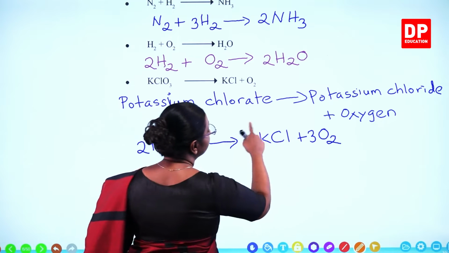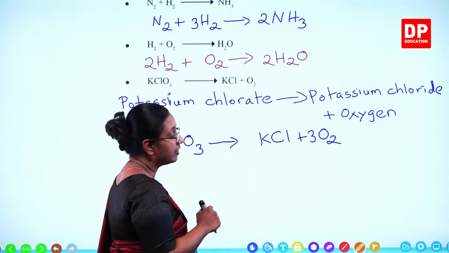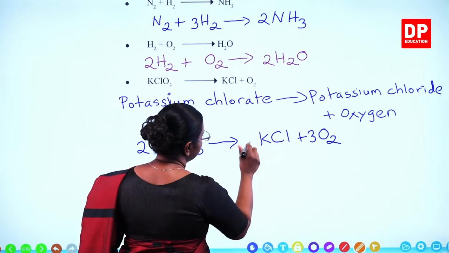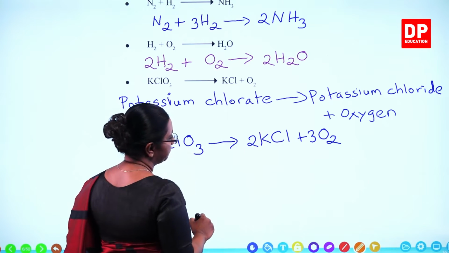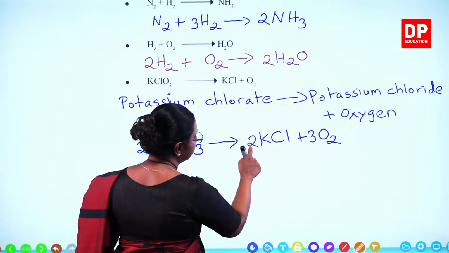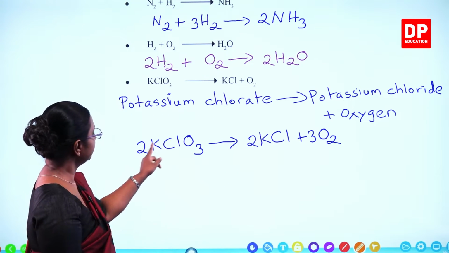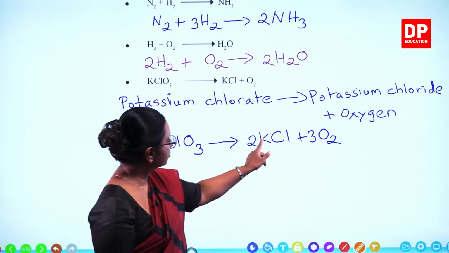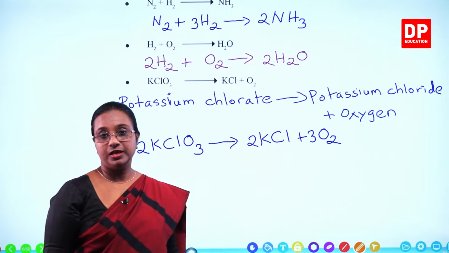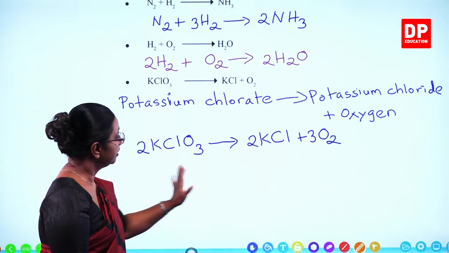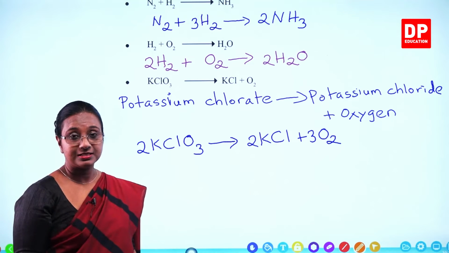So what do we need to do now? We need to put a coefficient in front of potassium chloride. So if we write the 2 there, now 2 potassium, 2 chlorine atoms. Here also 2 potassium, 2 chlorines. So now the reaction is balanced.